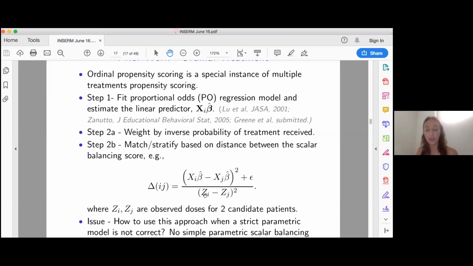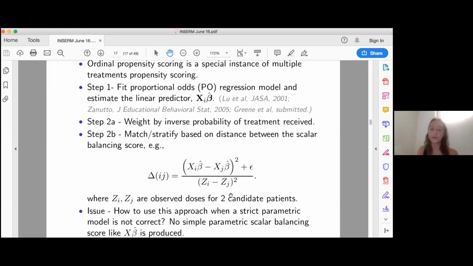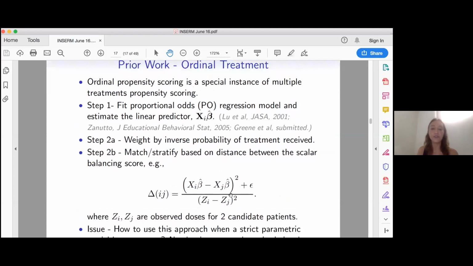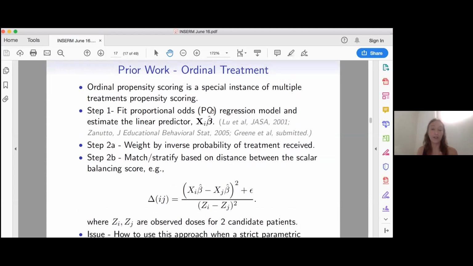So I and J will be more easily matched when doses are different, as this denominator gets bigger, and this numerator just prevents a 0 here. Okay, so this is a nice distance metric. It's terrific to use if you can fit a proportional odds model. If you trust that model as your propensity model, then you just use this methodology from JASA.